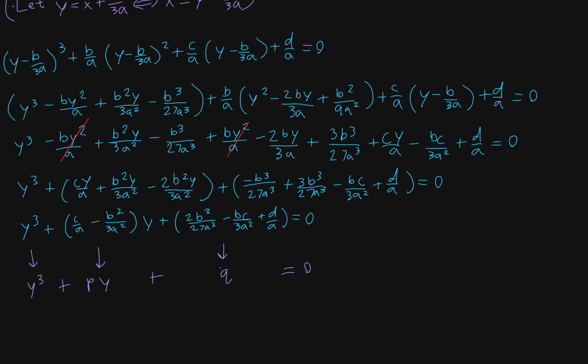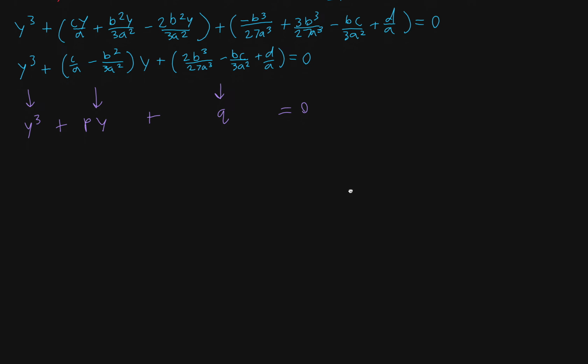So this is our simpler cubic. It's centered exactly on the y-axis, and so that's the way to solve this. Okay, now that we have it in this simpler form.